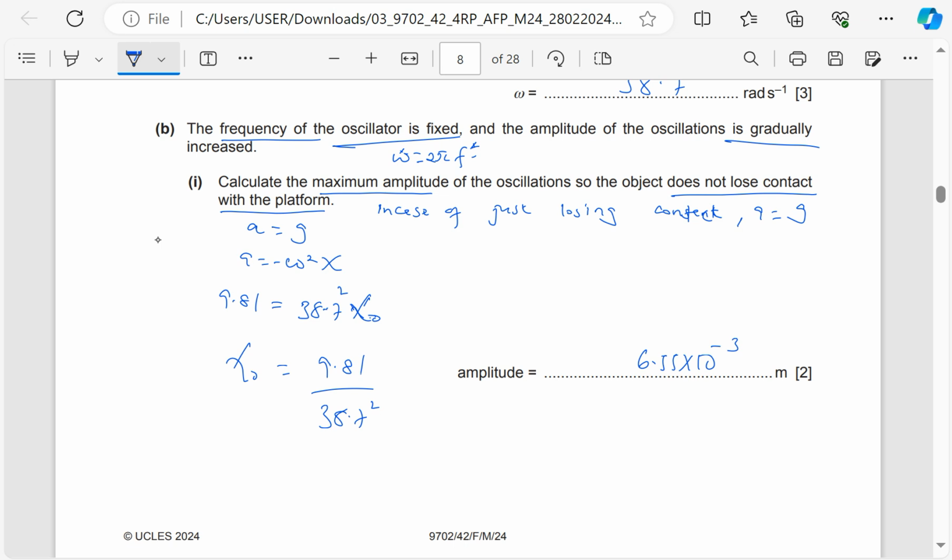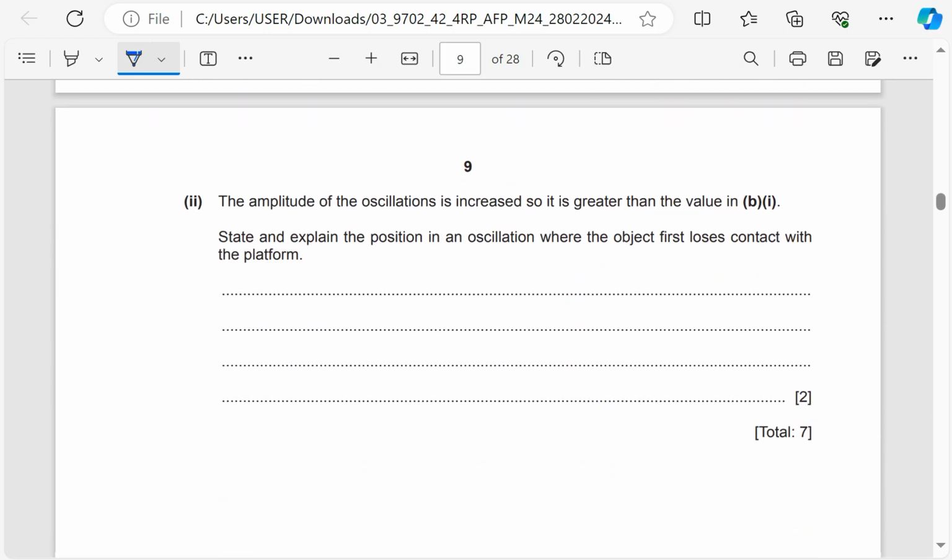If you had rounded off this to 39, you will get an answer which is very close to maybe 6.4 times 10 to the power of minus 3 meters. But of course, the examiner will choose the tolerance. When I use this, I get a more exact value than the other one. So both answers will be credited.